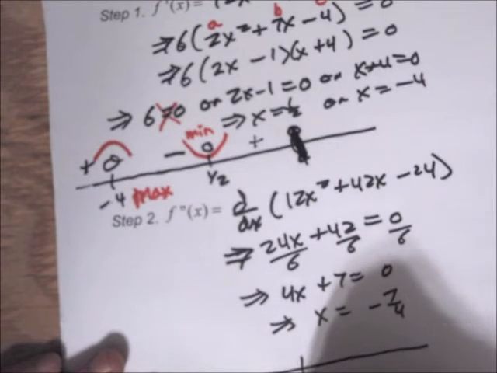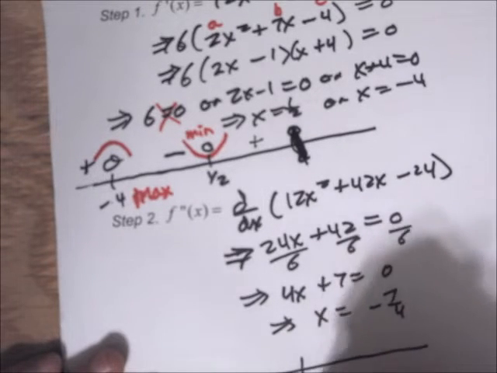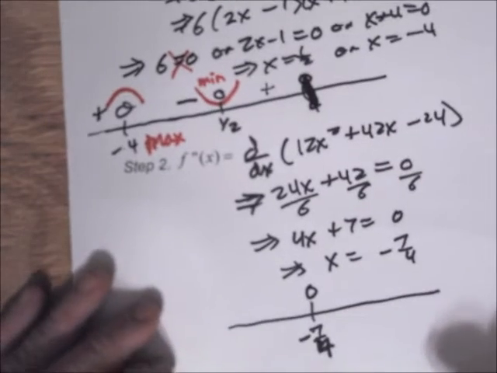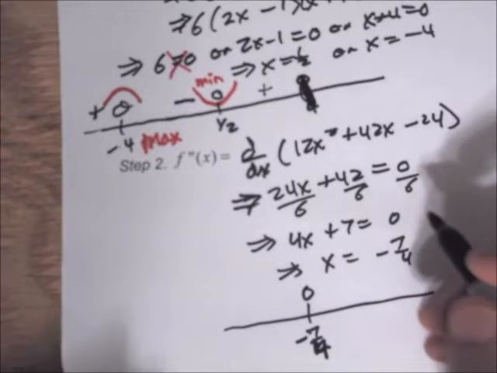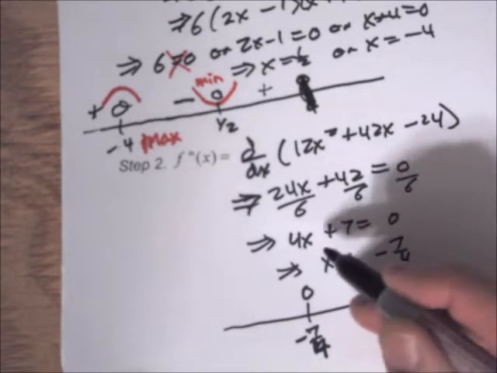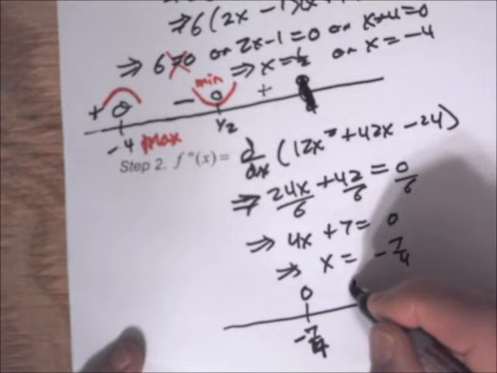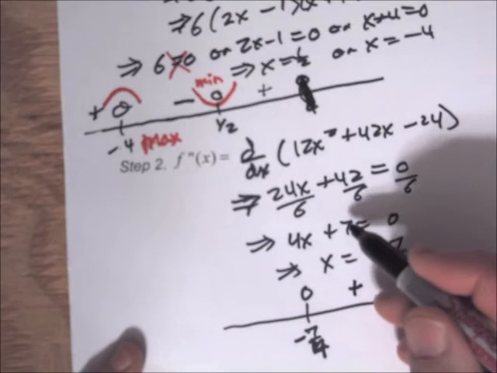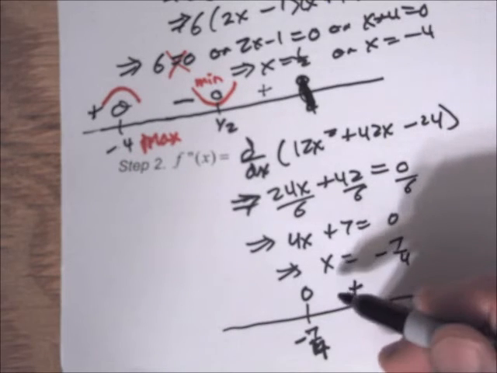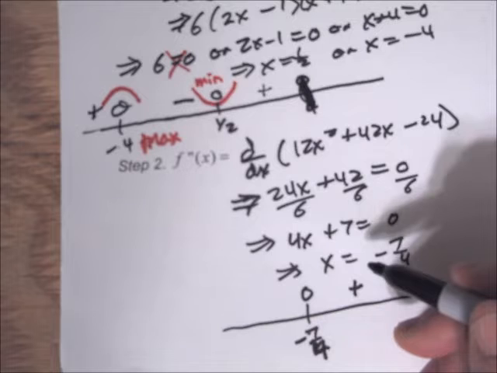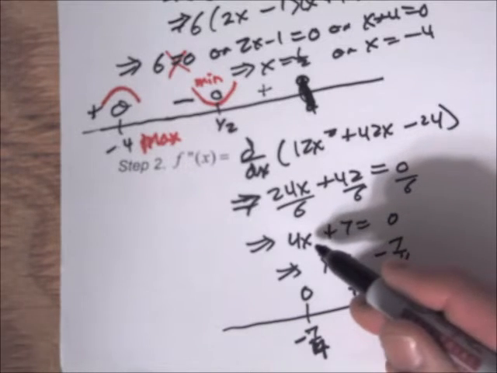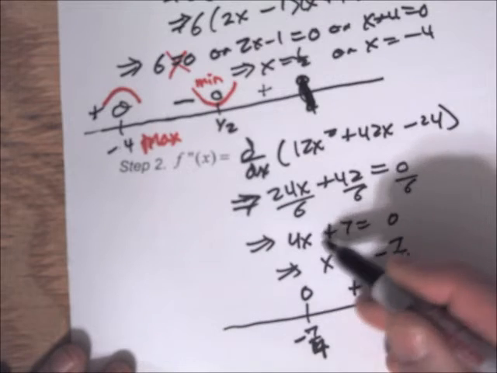So it's negative 7/4. The second derivative is equal to 0 there, and if x is more than negative 7/4, for example if x is 0, this is going to be positive. If x is less than negative 7/4, for example if x is negative 2, this derivative will be negative.